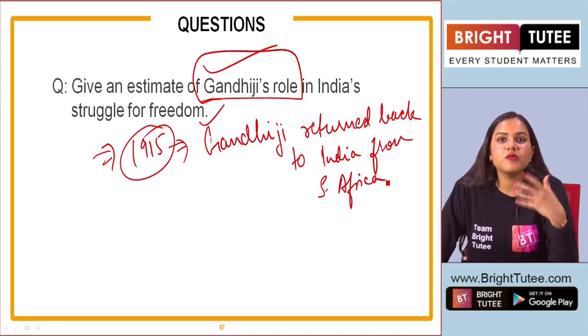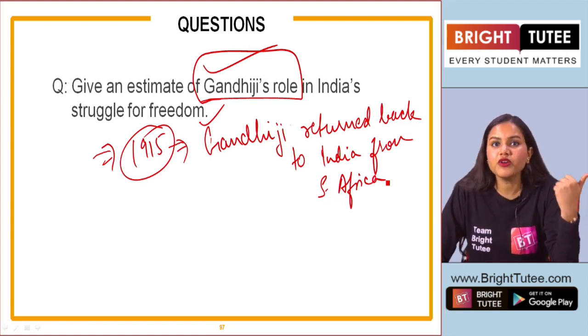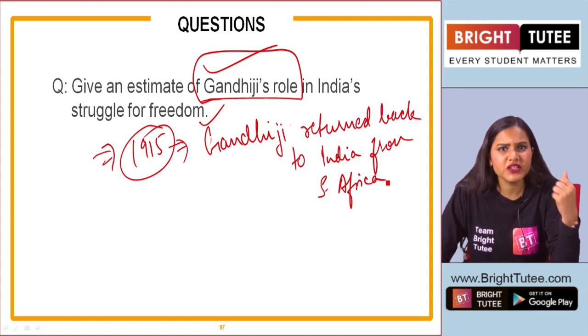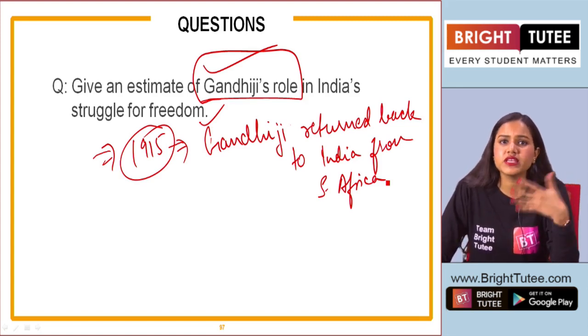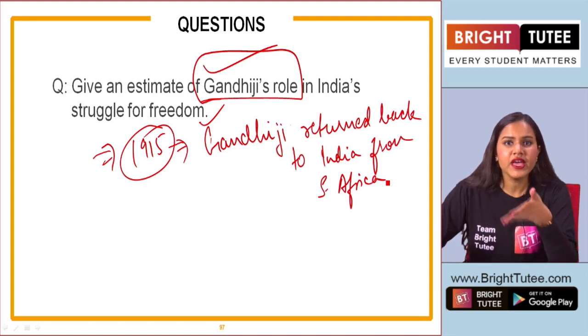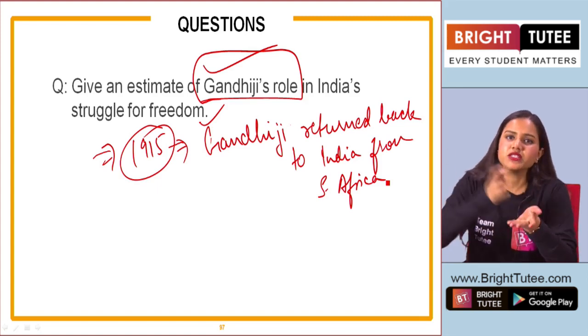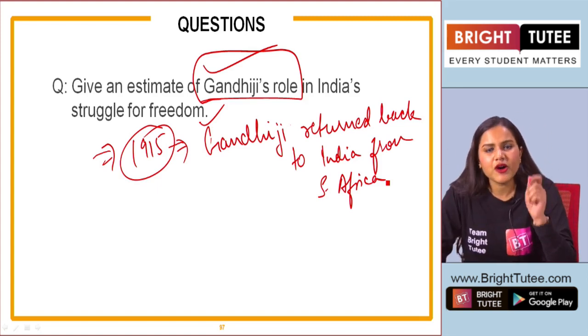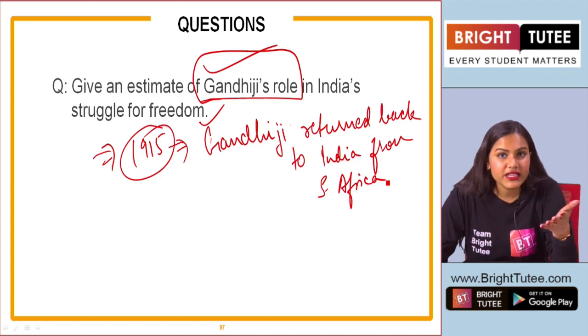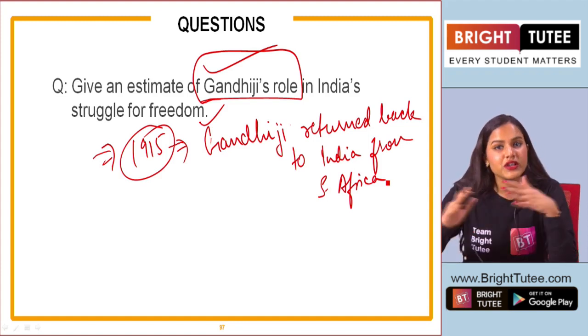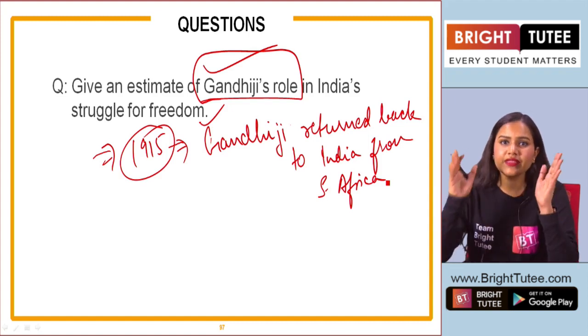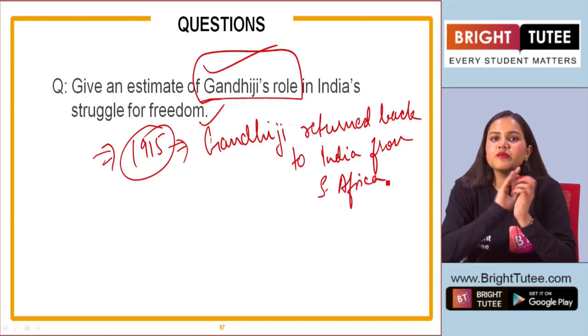People needed a mass leader. They were looking for a leader who was very affirmative in his actions and able to lead them in a positive direction. Because before that we were talking about the division between the moderates and extremists, and the turmoil in Indian politics.